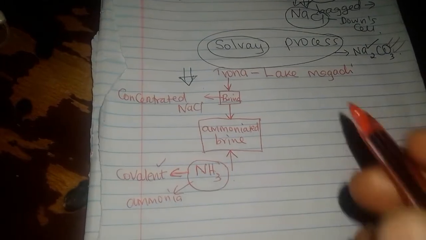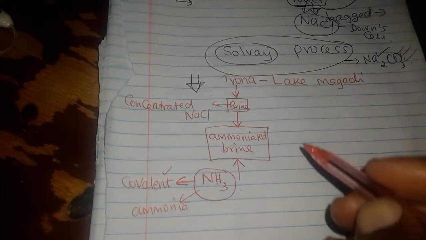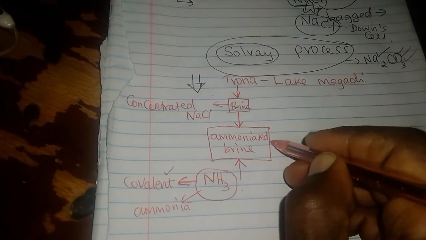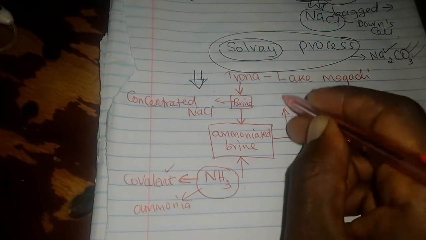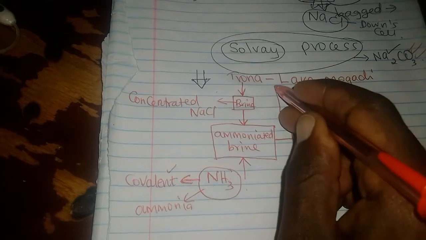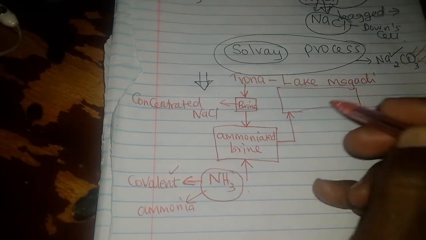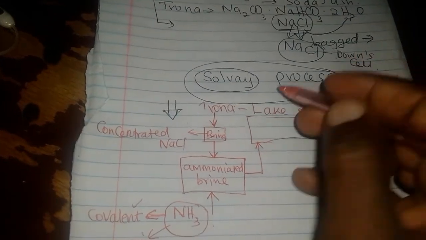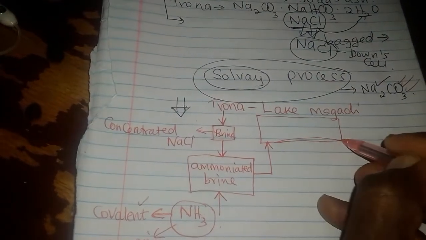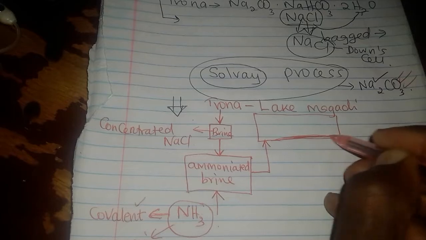Great. After I'm done with that part, I can have another arrow from this end heading to this point. I can have another box here, and in this box I can contain whatever I want to say in this part.